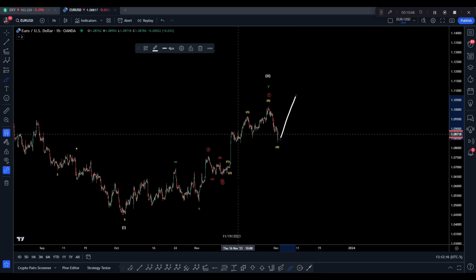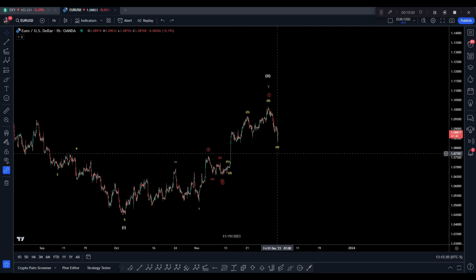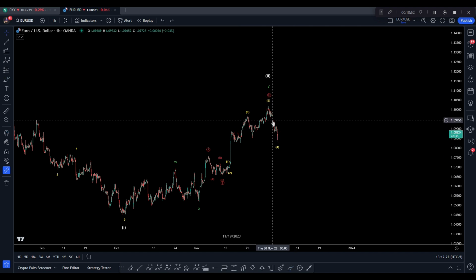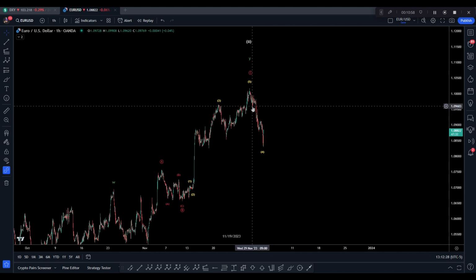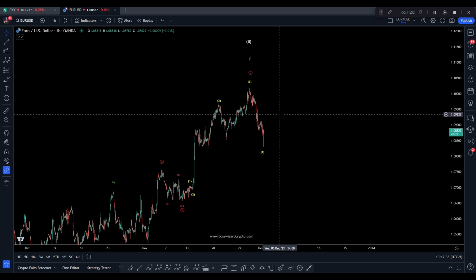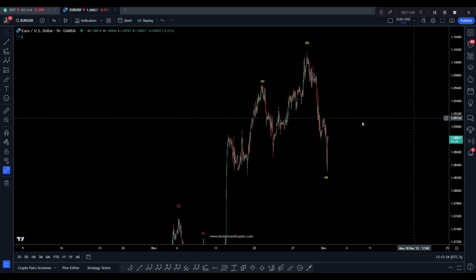Okay, but it's not required. Okay, but it is possible. Because that's 3, 3. You can make that a zigzag, even though it looks like 5. Almost any impulse on this scale will look like a zigzag as well.